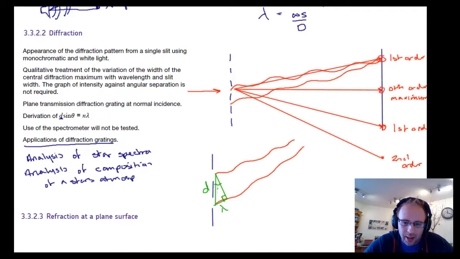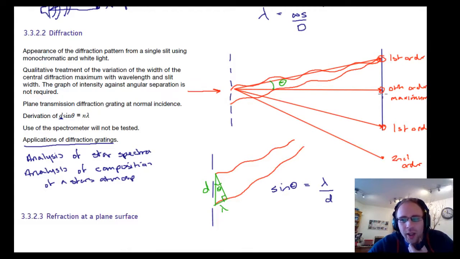This angle in here is the same as this angle here. So with a little spot of trigonometry, we know that sine of an angle is equal to the opposite side, which is lambda, over the hypotenuse, which is d.